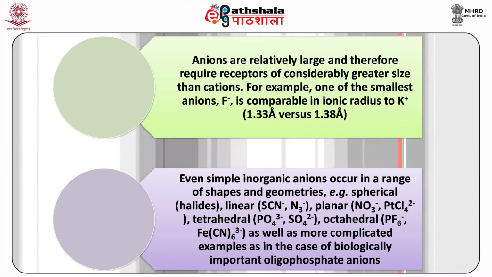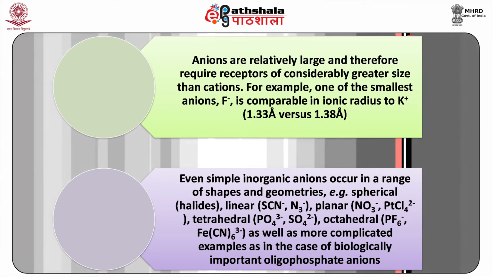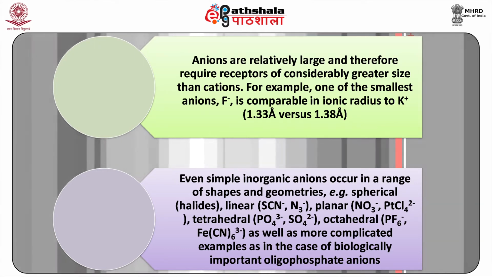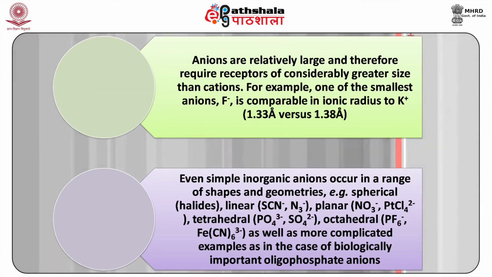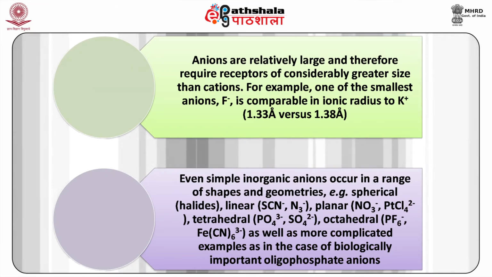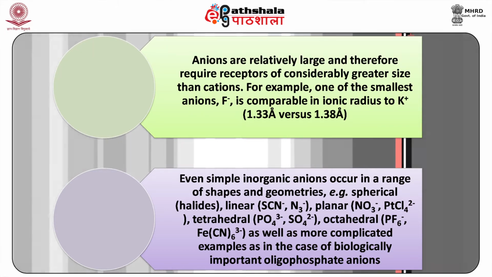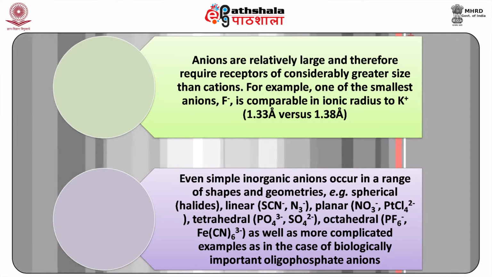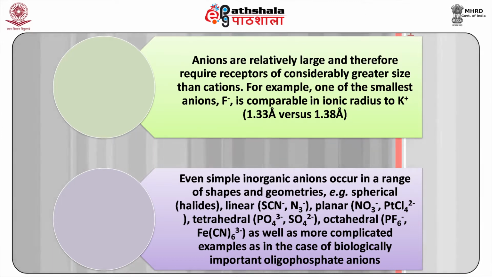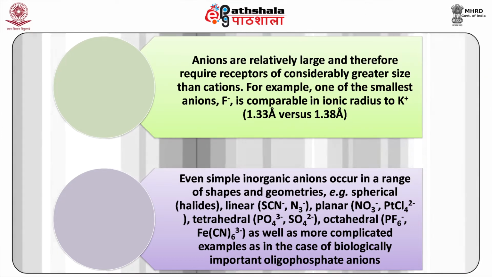For example, one of the smallest anions known, the F- anion, is comparable to the ionic radius of the potassium cation, that is 1.33 angstrom versus 1.38 angstrom. Even simple inorganic anions occur in a range of shapes and geometries.